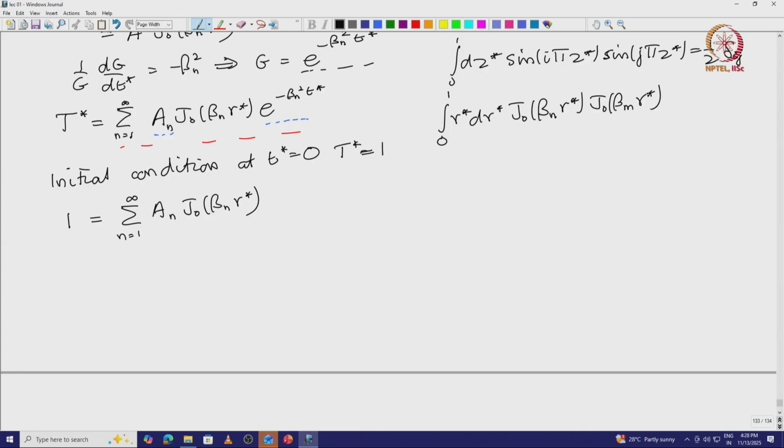Note that beta n and beta m are values of beta at which the Bessel function passes through 0. This is equal to 1 by 2 J1 of beta m the whole square, delta nm.